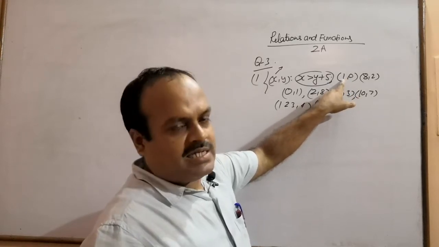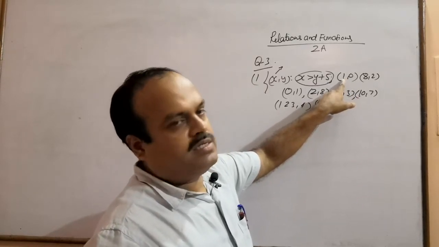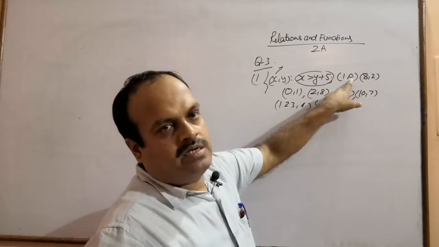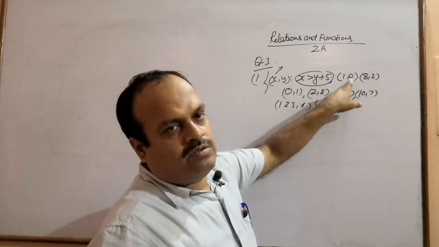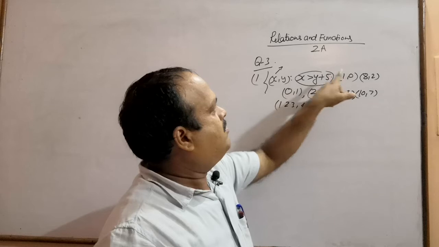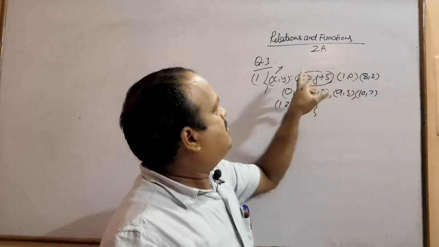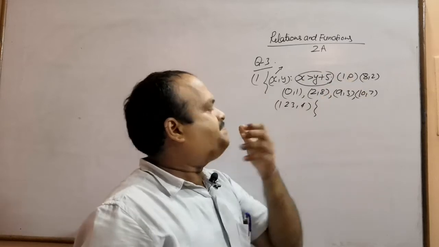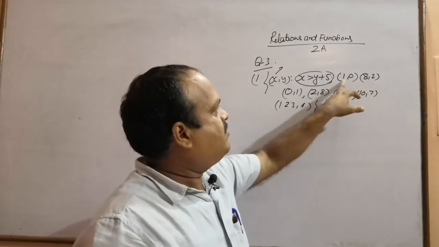First entry x has its value 1. The value of this y is 0, value of x is 1.